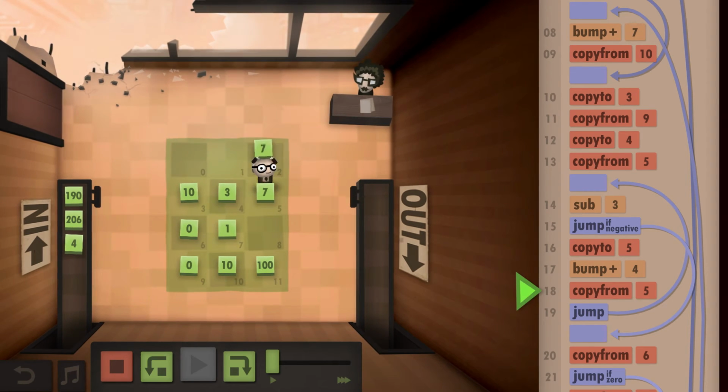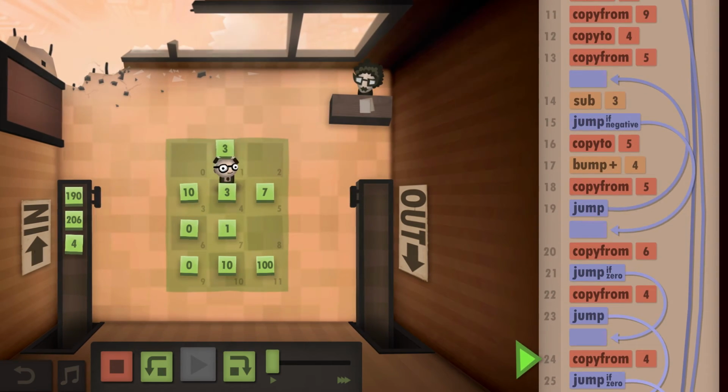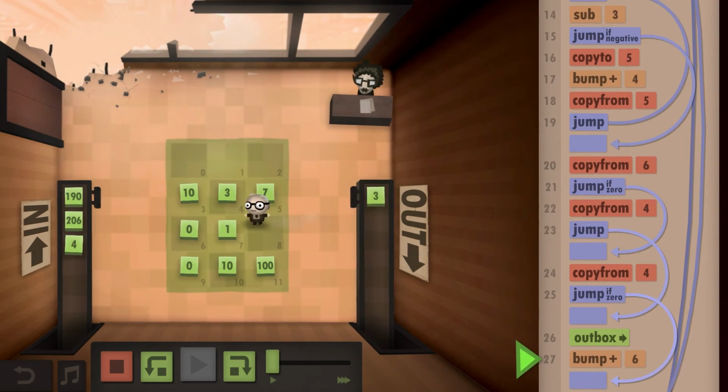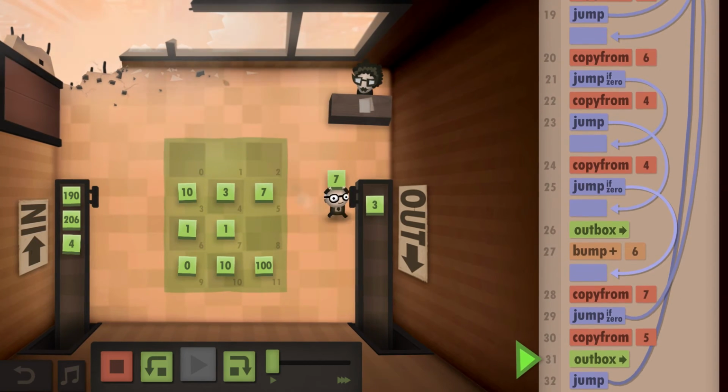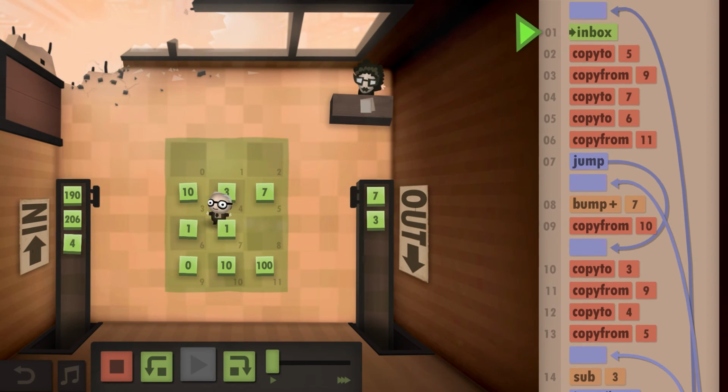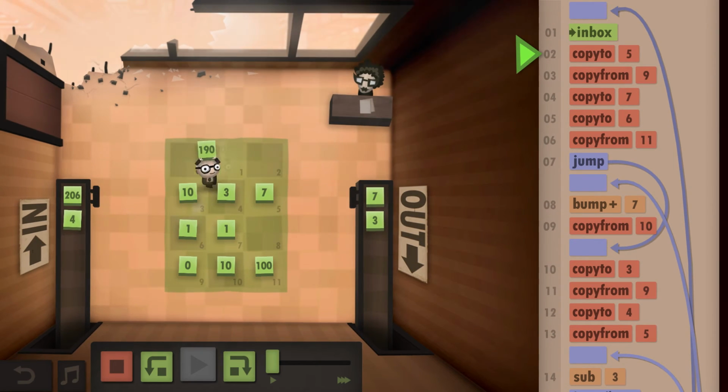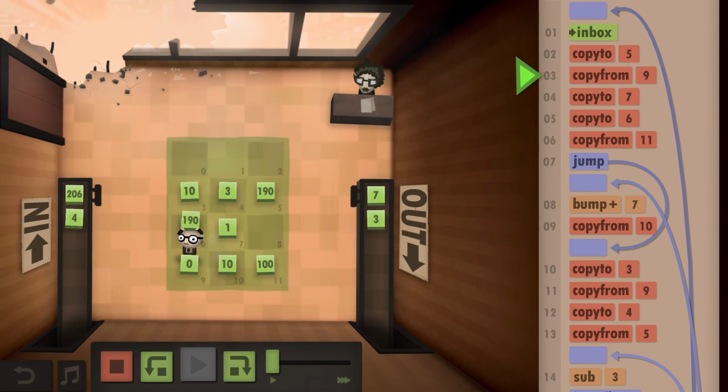Alright. Good. So we got 3 10s. And for the remainder, it is 7, so it goes in there. Now we get 190.